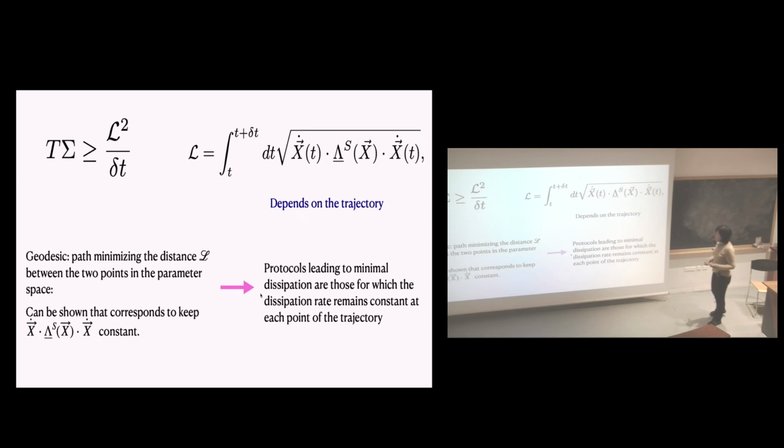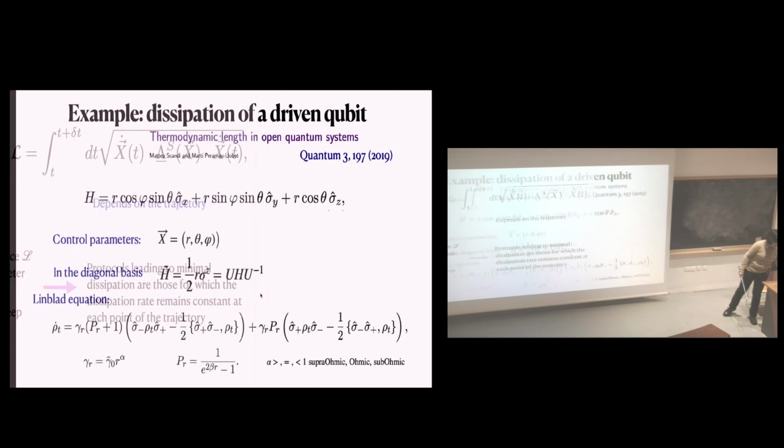Okay, so this is what is exploited. Of course, it is not completely useful because it's very difficult to find those paths for which you always have this quantity constant. So this is, in general, a difficult problem, but in some cases it can be solved.